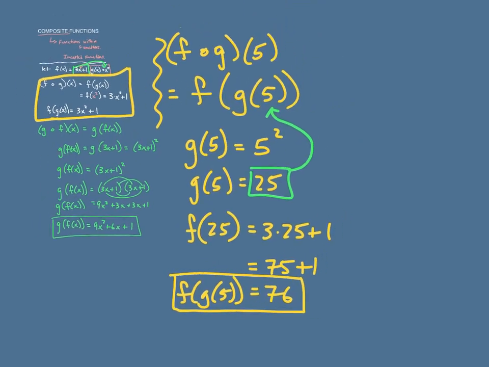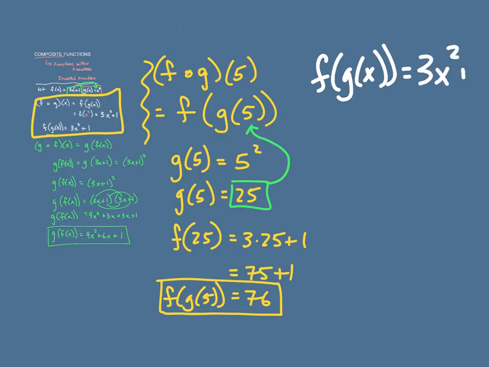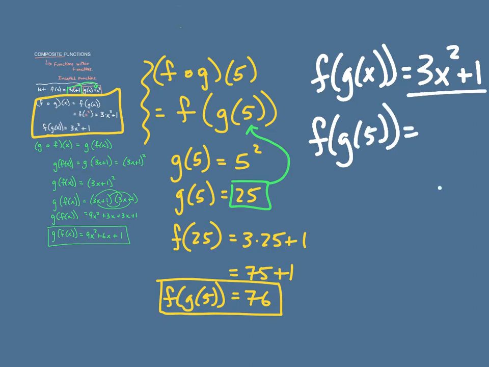Now, I did it the long way of substituting that value into my function g. The y value now becomes my new x value for my function f, and evaluate. We can simply just find the composite function that we've already done. Because we already know that f of g of x is equal to 3x squared plus 1, if we wanted to find f of g of 5, I could simply plug it into this function and get 3 times 5 squared plus 1.